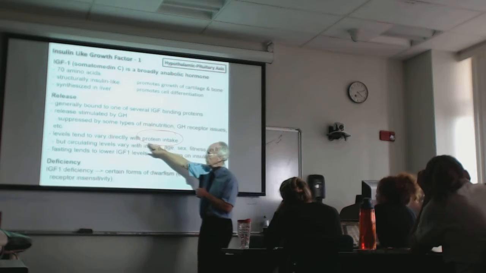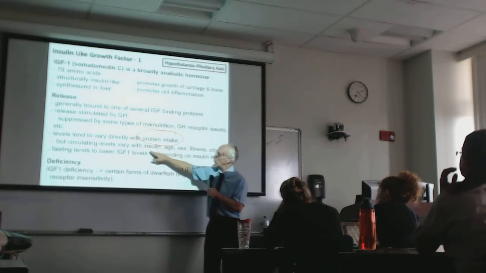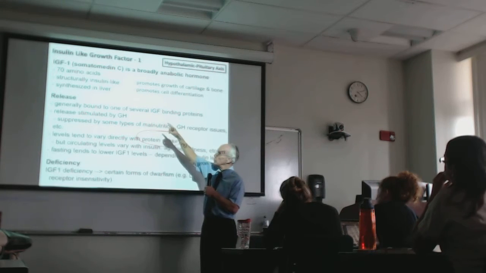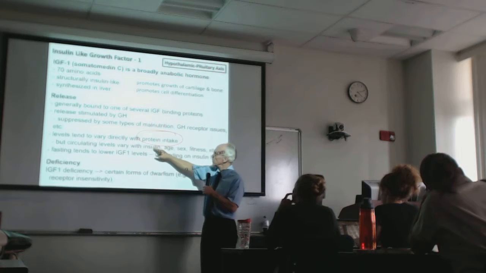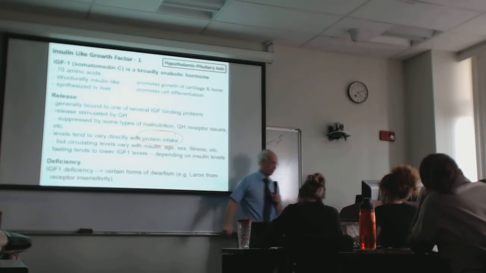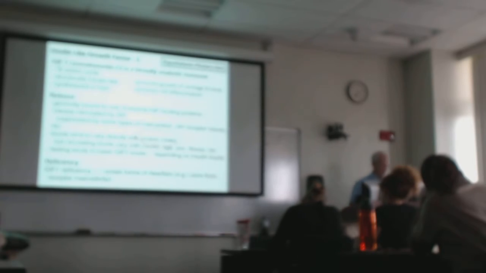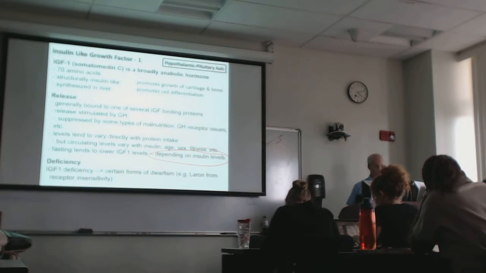So I'm being a little vaguer here, and I'm saying they tend to vary directly because one of the primary determinants of IGF concentration in the blood is insulin. And so it's really the relationship between protein and insulin that determines final IGF levels. So I just want you to make a note of that, and notice that depending on insulin levels, that will really determine the concentration of IGF in the blood.